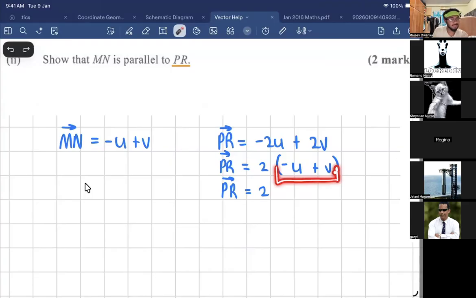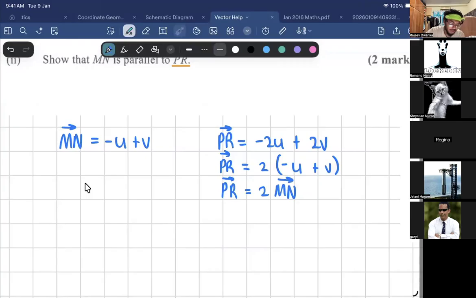It's on the screen, right in front of you. What could I replace minus u plus v with? Instead of writing minus u plus v, what could I write instead? mn. Yeah, mn.